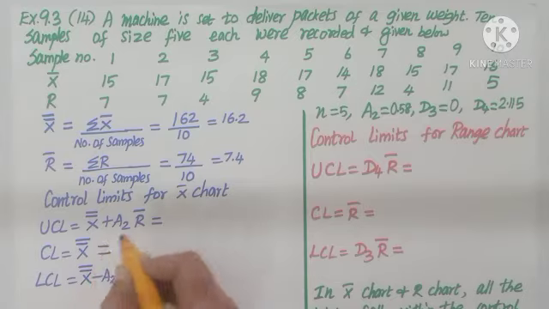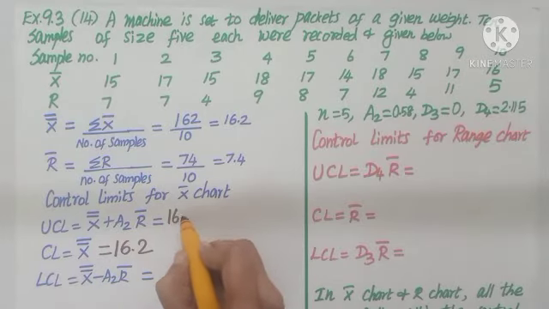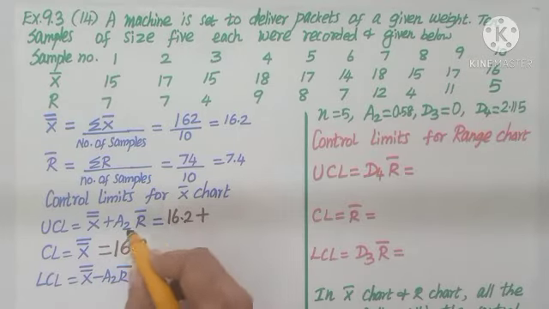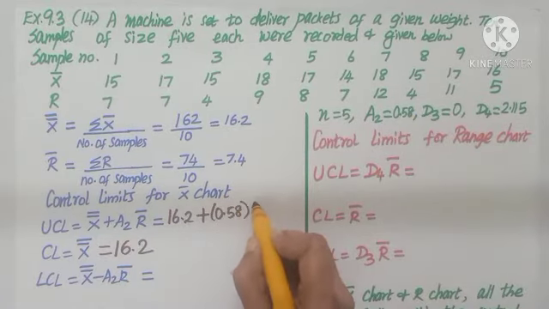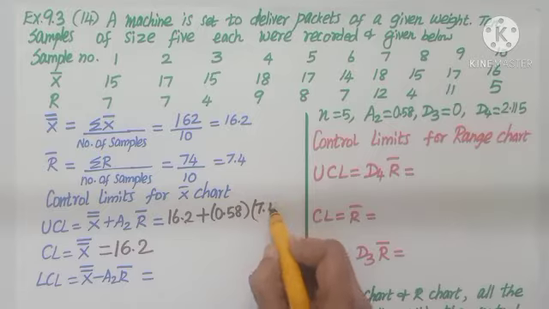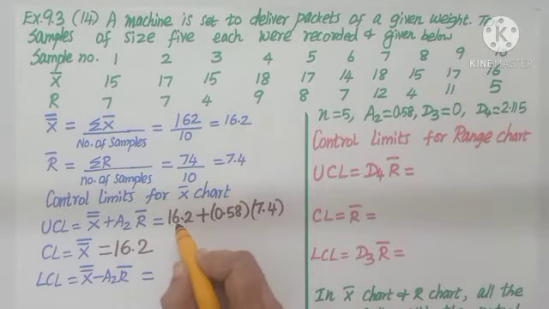X double bar, as we calculated, is 16.2. X double bar plus A2, given in the question as 0.58, into R bar, which is 7.4. Multiply these two, add with 16.2 and find the answer.